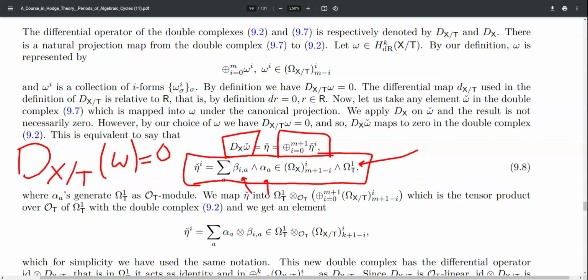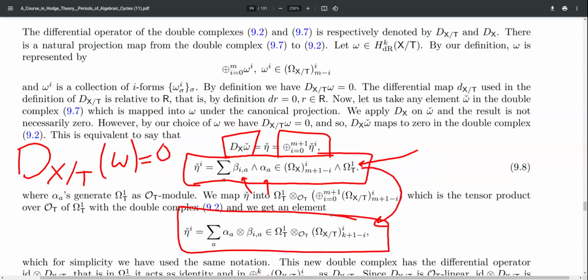And we simply map this element to the element here, replacing the wedge with the tensor sign. And now we are claiming that this is the image of the Gauss-Manin connection nabla of omega.